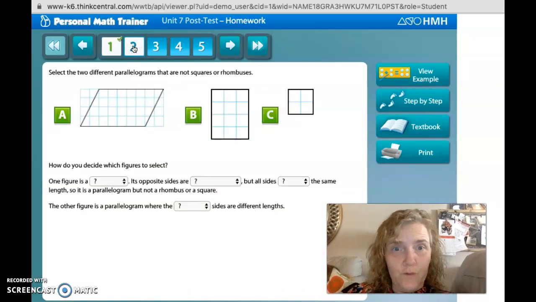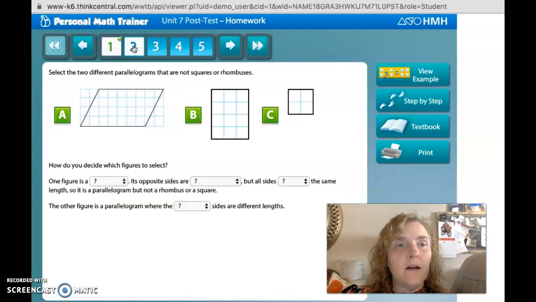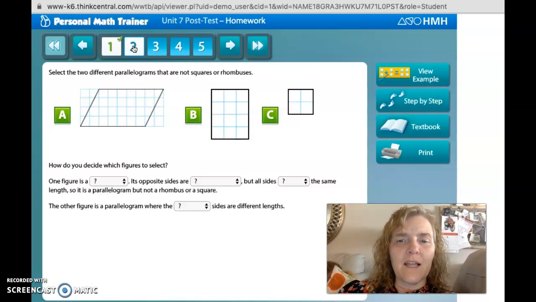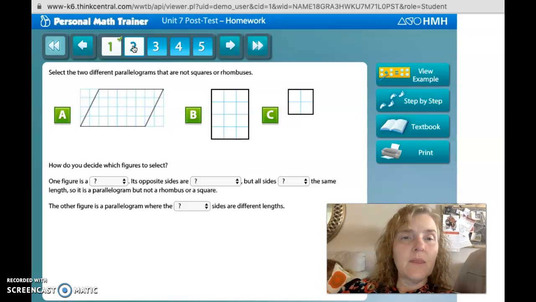Number 2. All right, it says select the 2 different parallelograms that are not squares or rhombuses. Not squares or rhombuses. All right, so looking at C, C is a square because it's a 2 by 2. B is a 4 by 3, so that's a rectangle and a parallelogram because it has 2 sets of opposite sides.